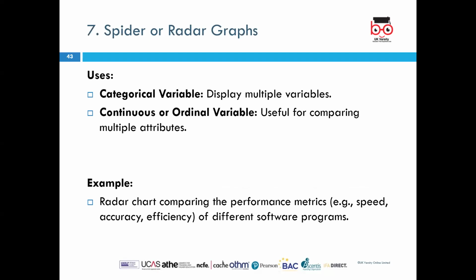Spider or radar graphs, these are now used to display multiple variables, useful for comparing multiple attributes. So example, with radar charts comparing the performance metrics, speed, accuracy, and efficiency of, for example, different software programs.